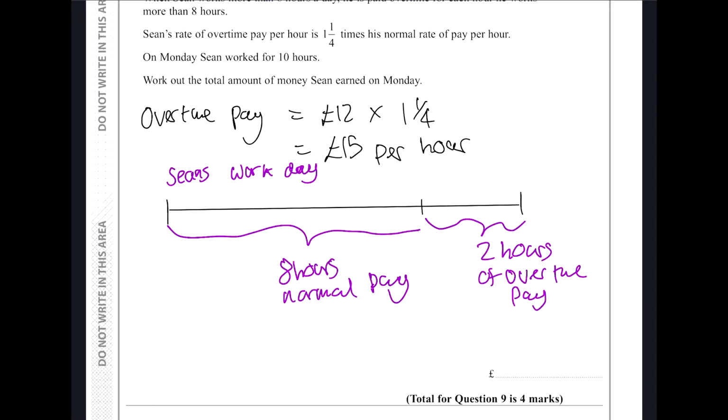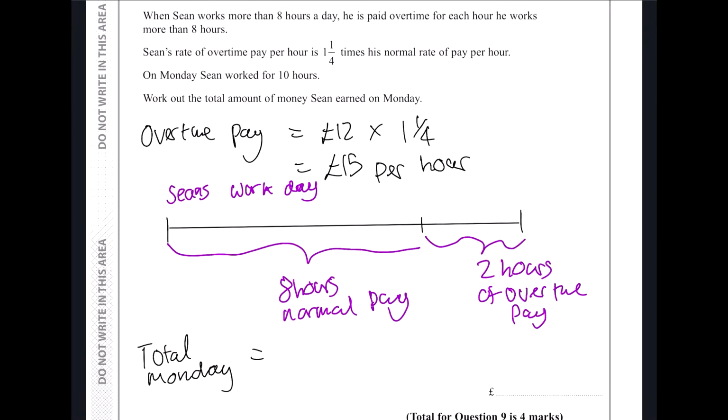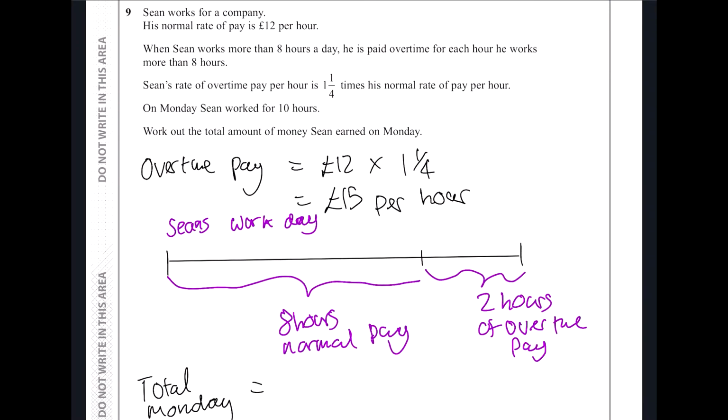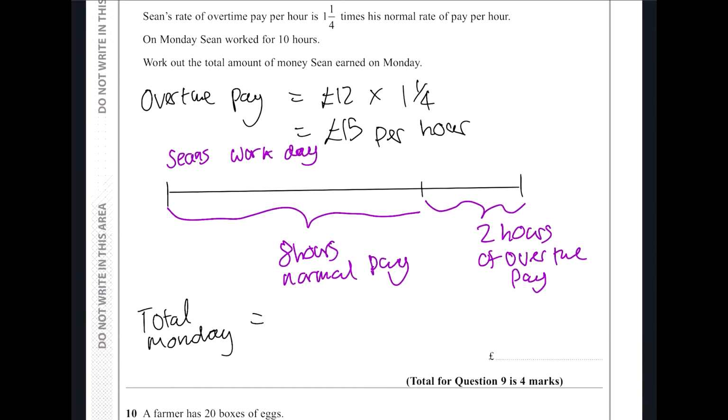So totaling up, the total for the day for Monday would be equal to his normal work pay, which is the normal rate, £12, times the number of hours, so 8 hours times £12 per hour, and then we add to that the overtime pay, so he works an extra 2 hours at a rate of £15.